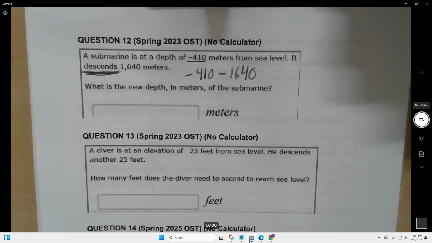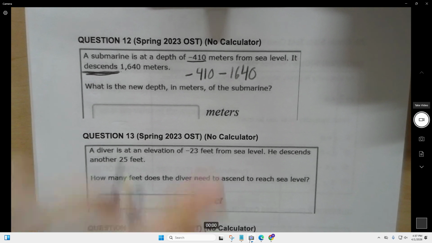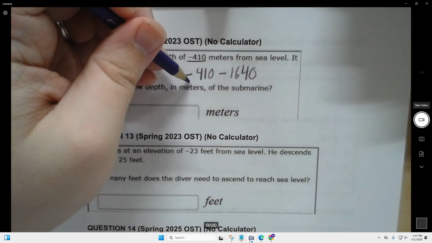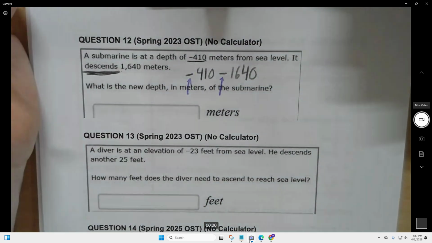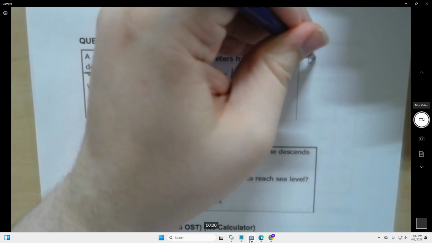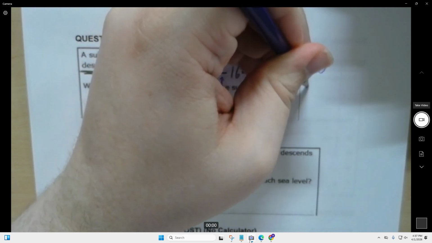Now, this one will confuse some people, inevitably, especially without a calculator. Here's what you have to do. And this only works if both of your numbers are negative. If both of your numbers are negative, you can just add the two numbers together. 410 plus 1640.